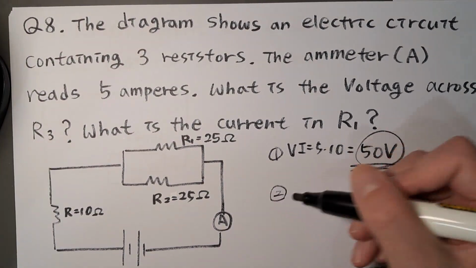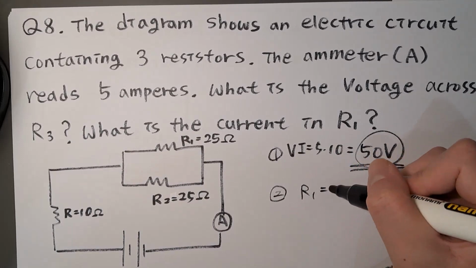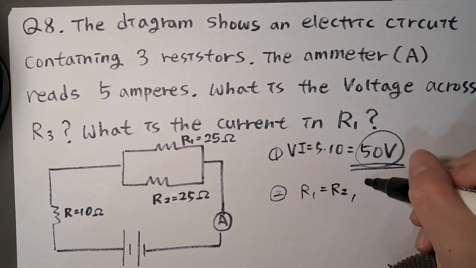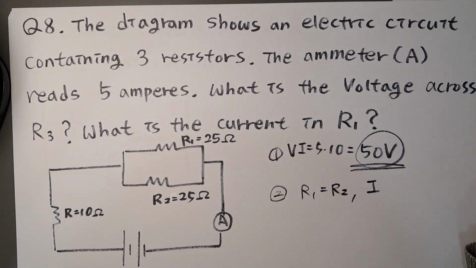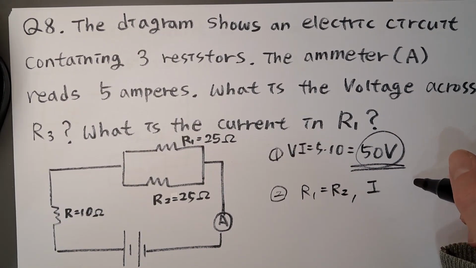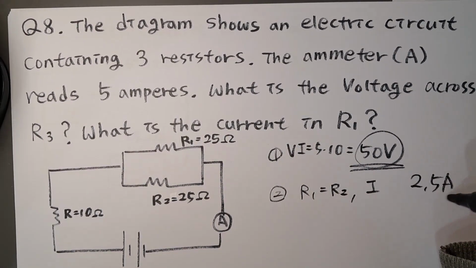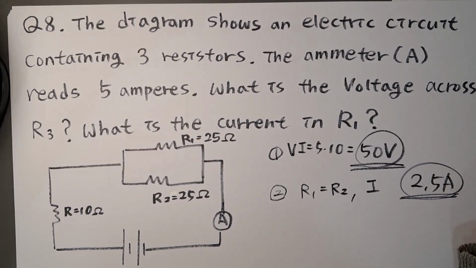And secondly, because R1 is equal to R2, the current is divided evenly. So you can find 2.5 ampere is going to be the answer of the second question.